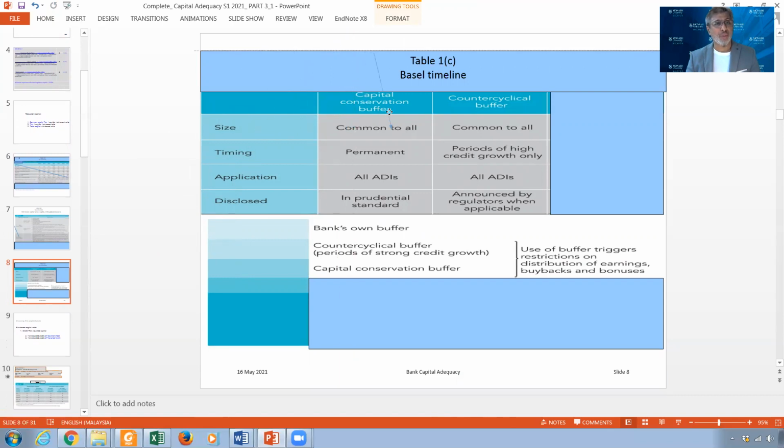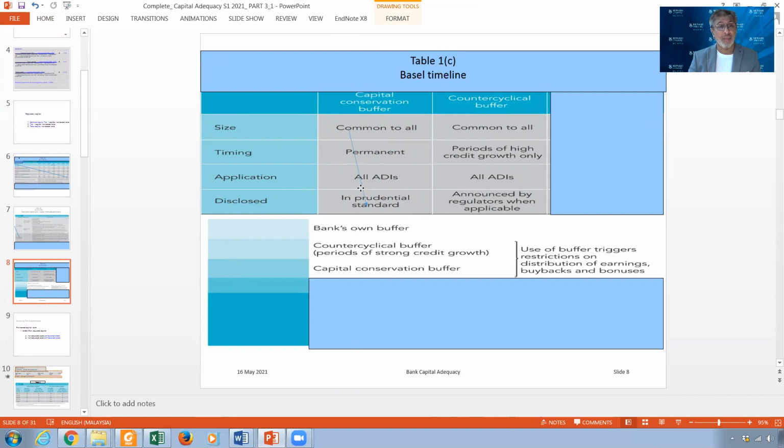The size is common to all, and it is permanent and applies to all financial institutions. According to Australia, it is required and mentioned in one of these APS, which is Australian Prudential Standards.